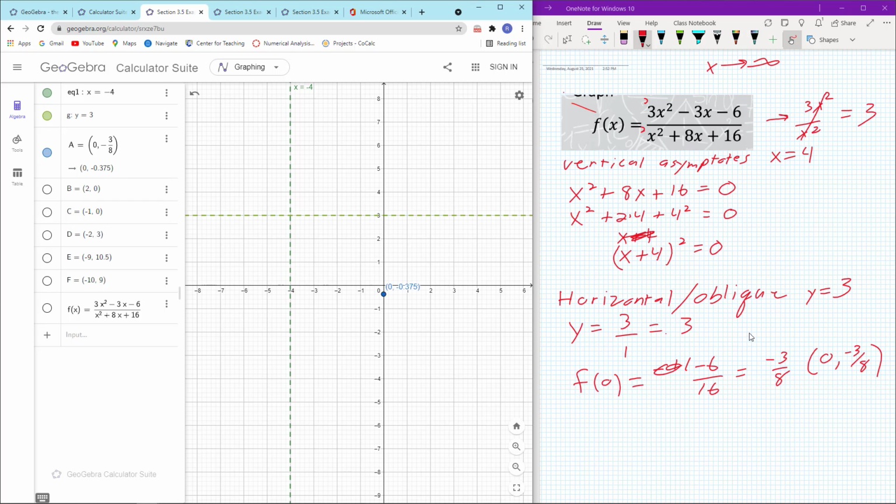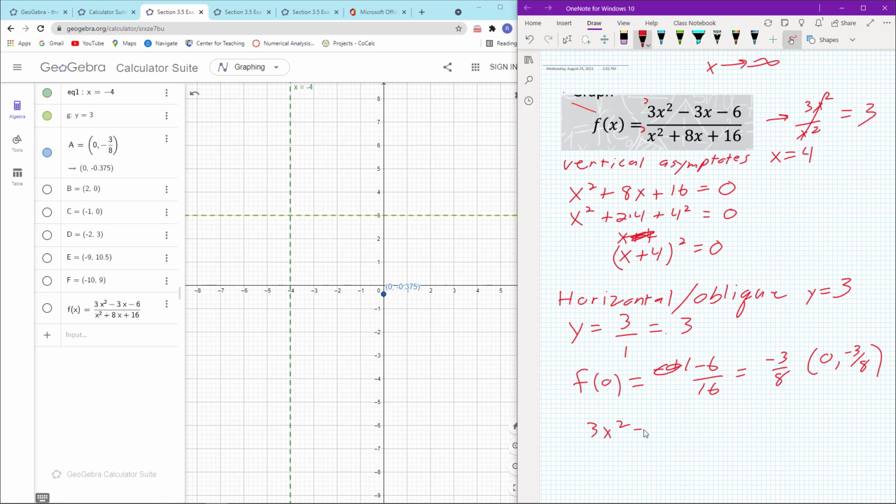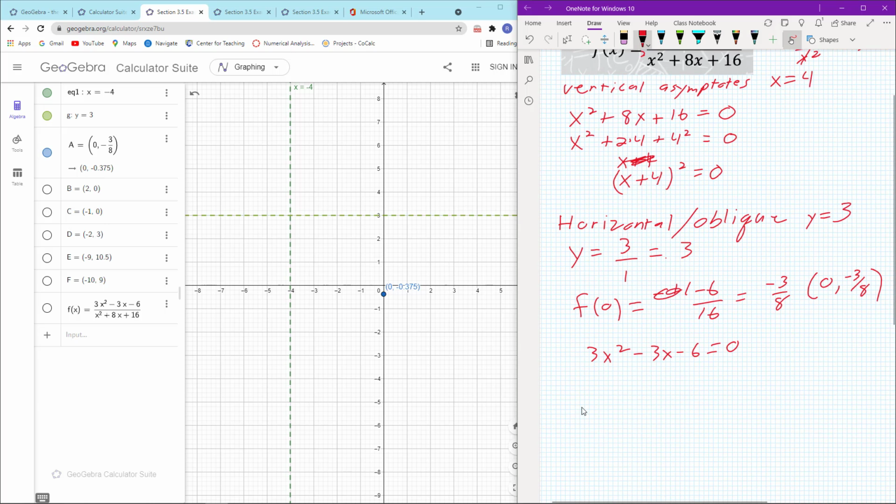To find our x-intercepts, we want to find all the zeros of the numerator. So that is solving 3x squared minus 3x minus 6 is equal to 0. If you can see here, we can factor out a 3, or divide everything by 3, and that will give us x squared minus x minus 2 is equal to 0, and that factors into (x minus 2) times (x plus 1).